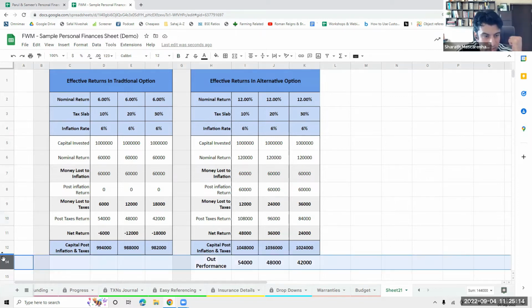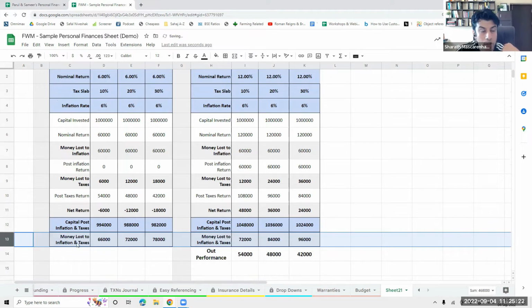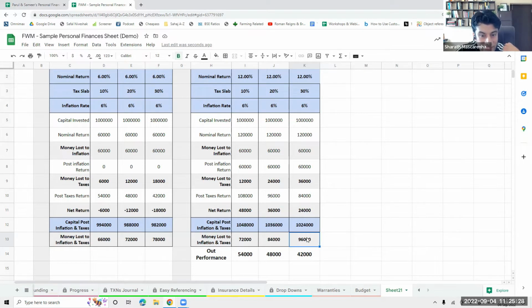And now, what does this net return actually mean? There you are. Money lost to inflation and taxes, 96,000 rupees. And in spite of having 96,000 go up, I still have an outperformance of 42,000 rupees.